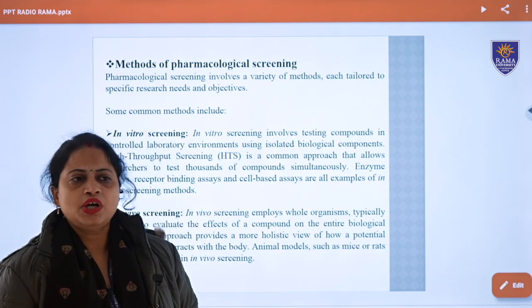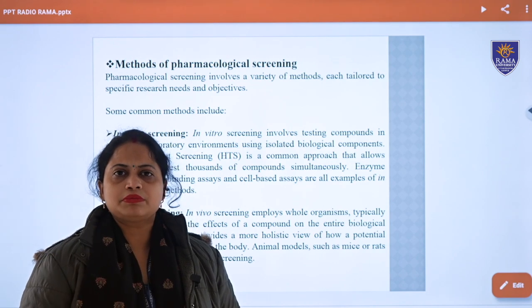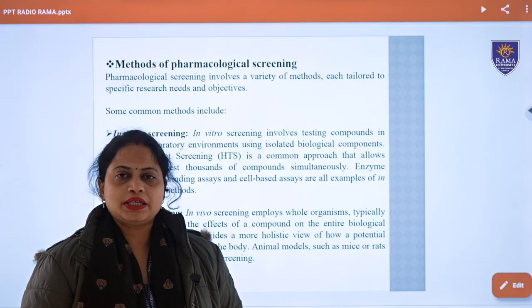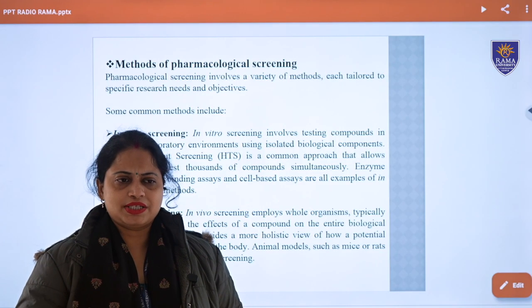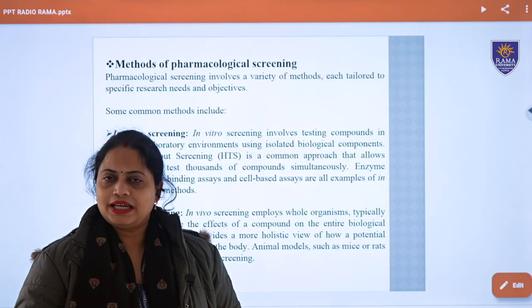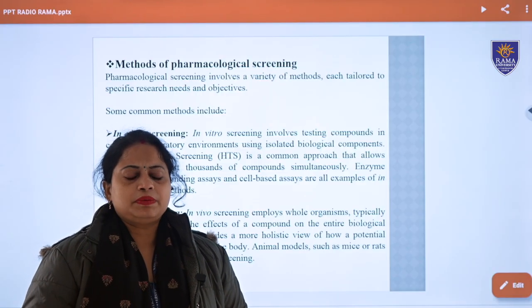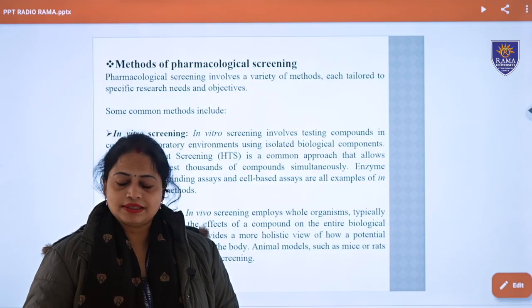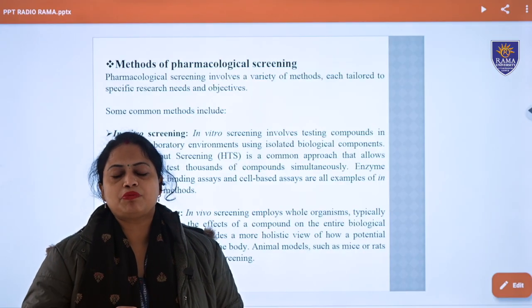For example, if researchers have developed some anti-diabetic molecules or compounds which are showing anti-diabetic profiles, first we are using animals like albino rats. Through these rats, we are first creating diabetes with the help of different models.